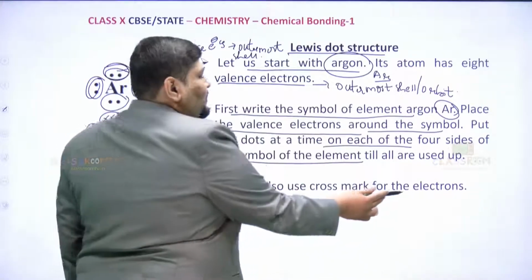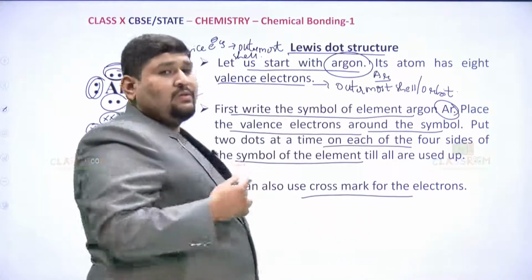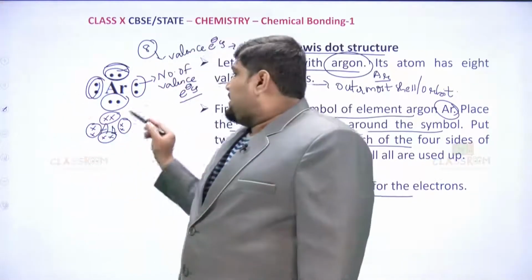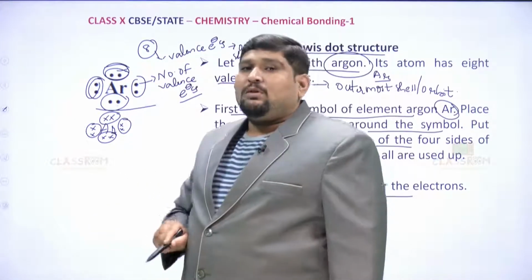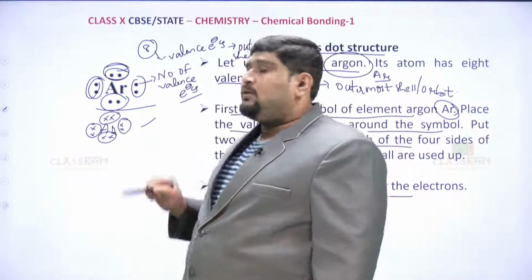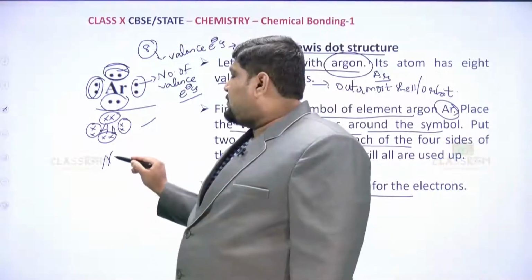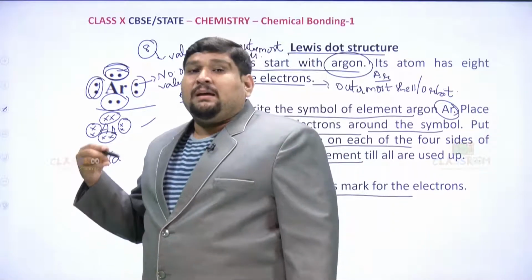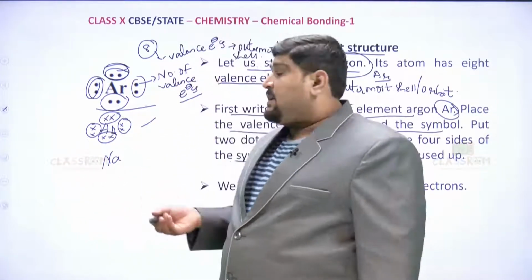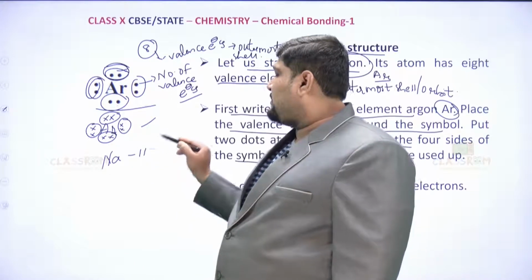Then next you can see, you can also use a cross mark for the electrons. So you can see the same dot representation, means the valence electrons can be represented in the form of dots or in the form of crosses also. Suppose you take an example of sodium. As per the electronic configuration of sodium, as you know the atomic number of sodium is 11.